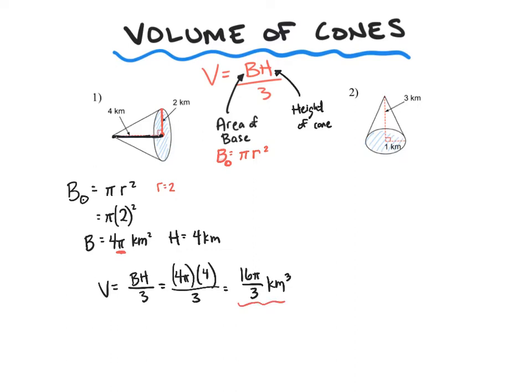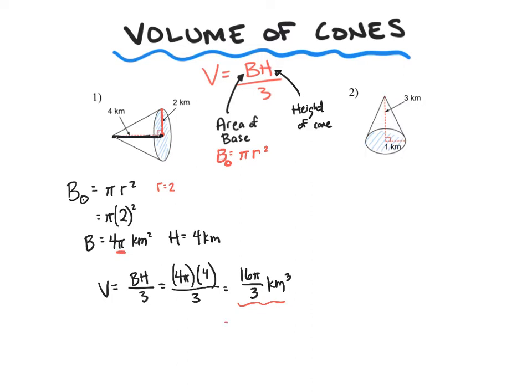You could leave your answer like that, or if you're doing a multiple choice question and you have decimal answers, then I'm going to punch all of this into my calculator. I'm going to do 16 times pi, and then I'm going to go ahead and divide it by 3.